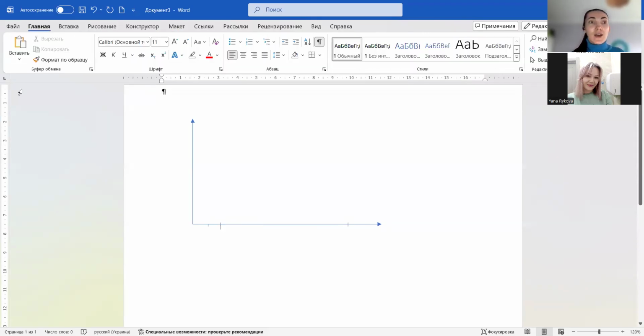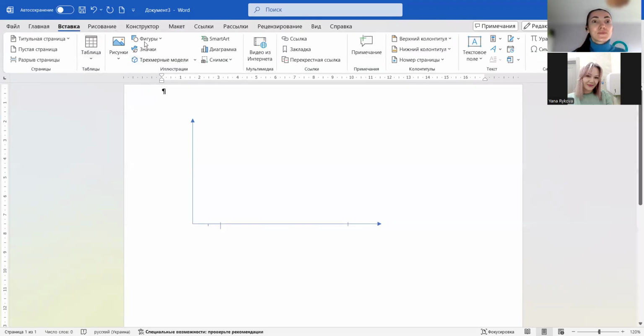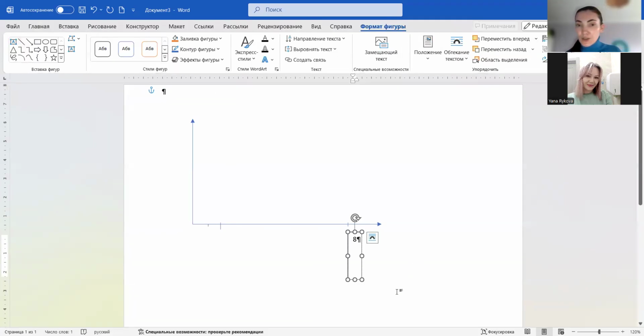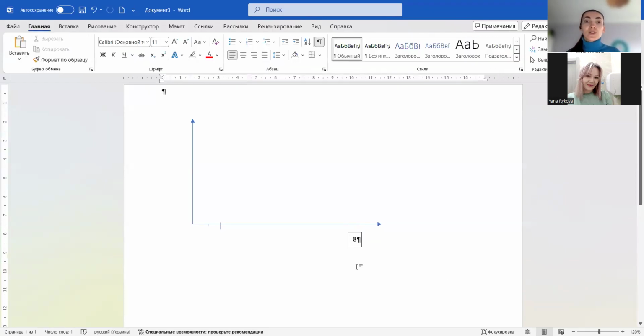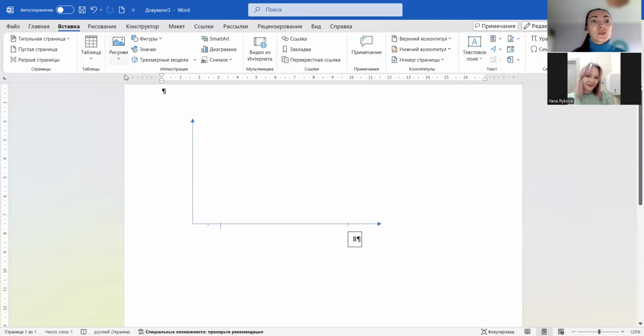Yes, it is located here. I write it, but other students will do it for their variants. By X it is 8, and by Y it is the same, near here, 9,000 kilometers.